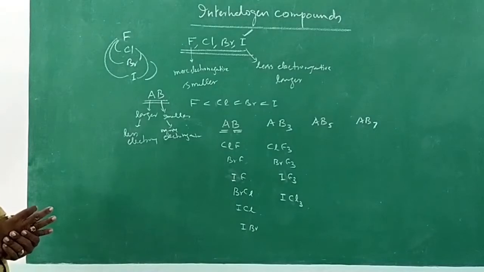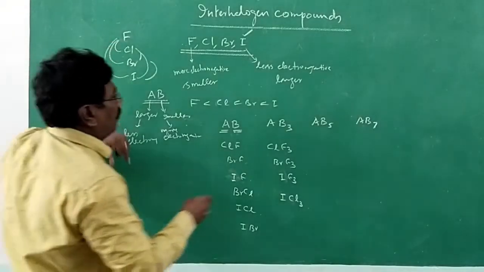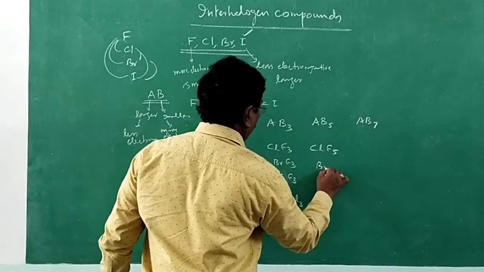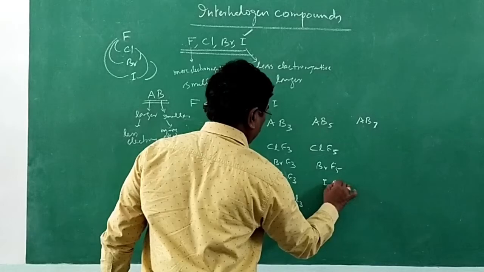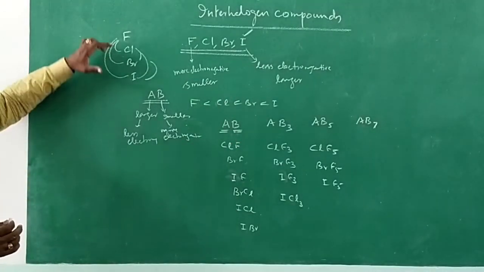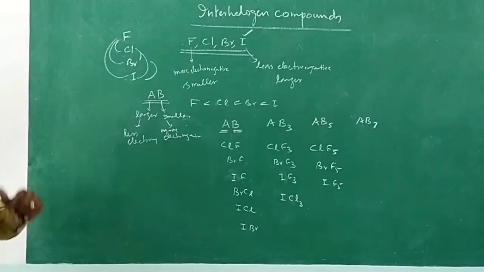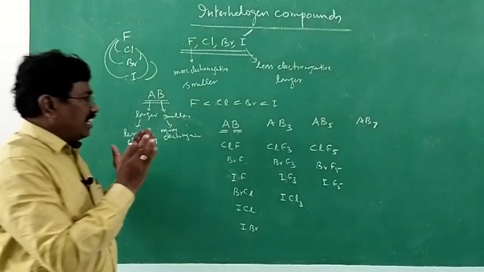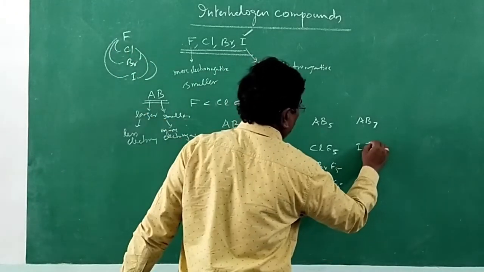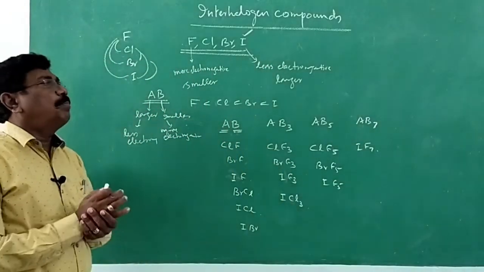All right. Then, in the case of AB5, ClF5, BrF5, IF5. Only fluorides can form. And in the case of AB7, we are getting only IF7, because of the large difference in electronegativity. So this is how the compounds exist.